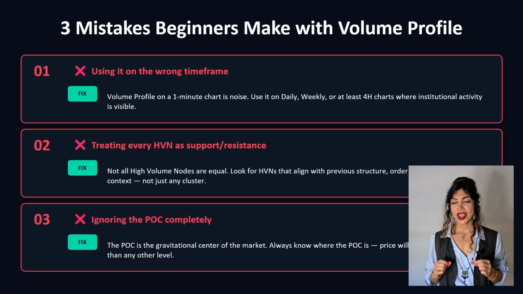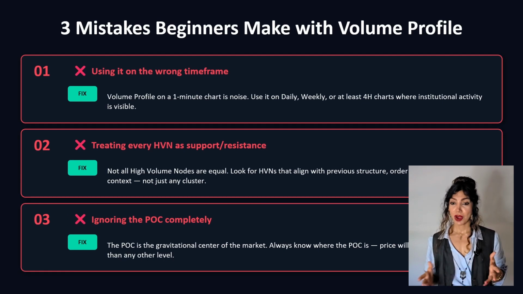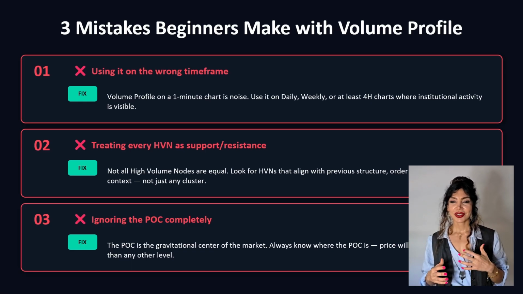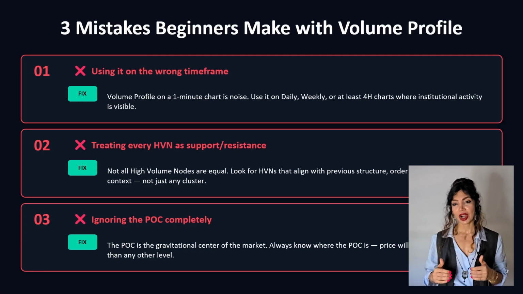Mistake 3, ignoring the POC. This one surprises me the most. I watch traders mark levels all over their chart, but completely ignore the POC. The POC is the most important level on your volume profile. It's the gravitational center of the market.